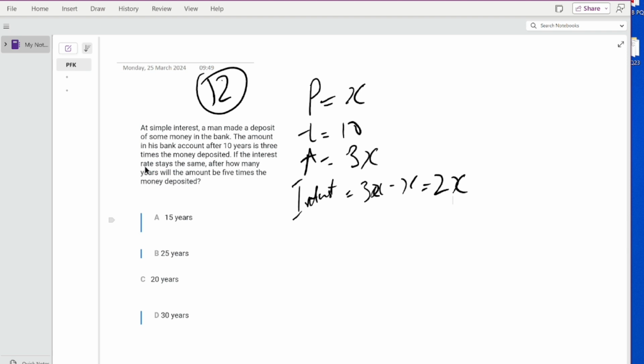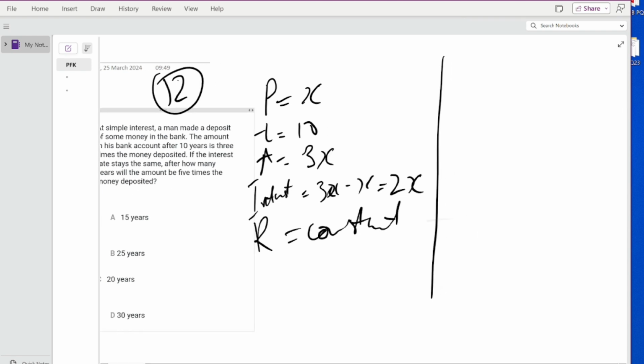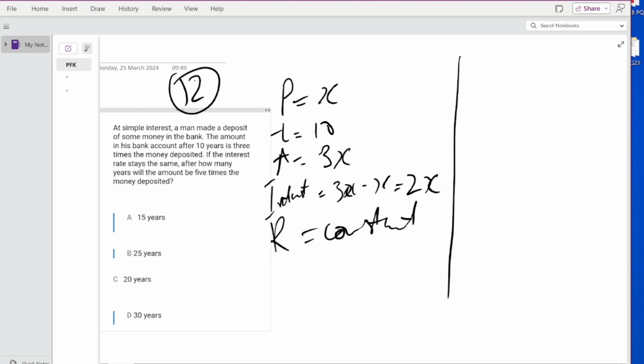If the interest rate, that means the rate, which is unknown, is the same, the rate doesn't change, the rate is constant. After how many years will the amount be five times the money deposited? So our principal on the second side is still x.